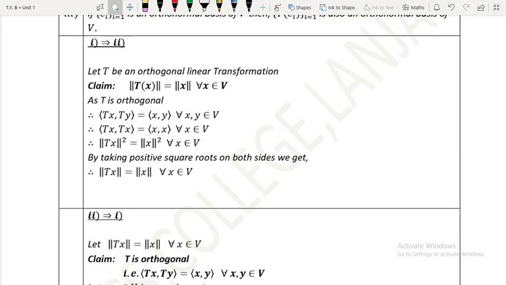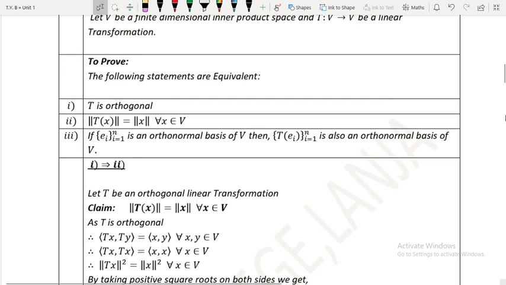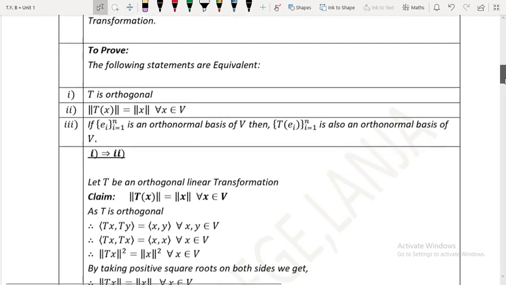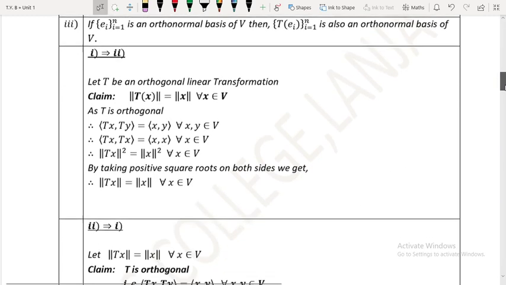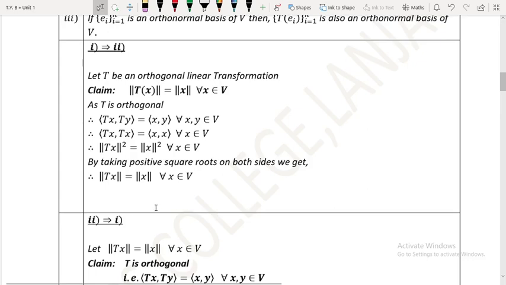Now see, in order to prove this condition, you can see we need how many elements of the vector space? 2. So that is what I will do exactly. I will say let x, y belonging to V be any elements.